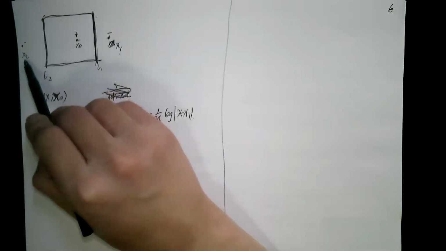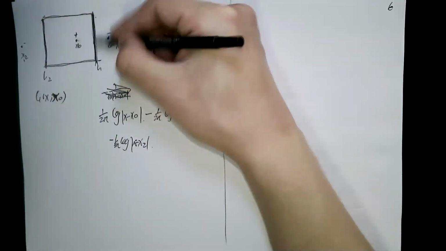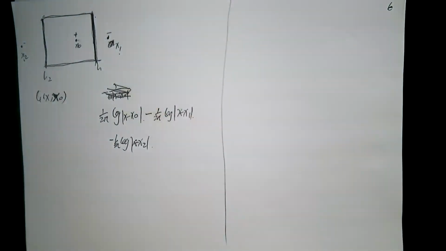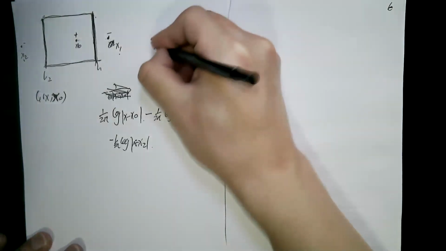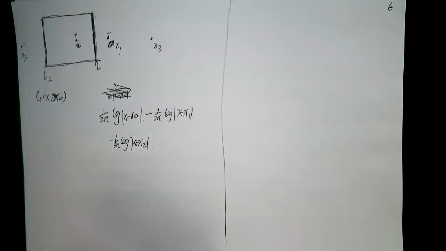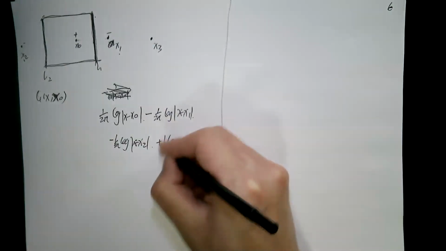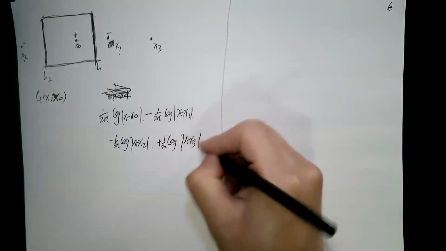Similarly, if you put an x2 here and a negative electron here, then the potential on L1 now is not 0, although it may change a little bit. So in order to cancel it, you may want to put an electron at x3 to cancel the effect of x2 on this L1, okay? And so on.